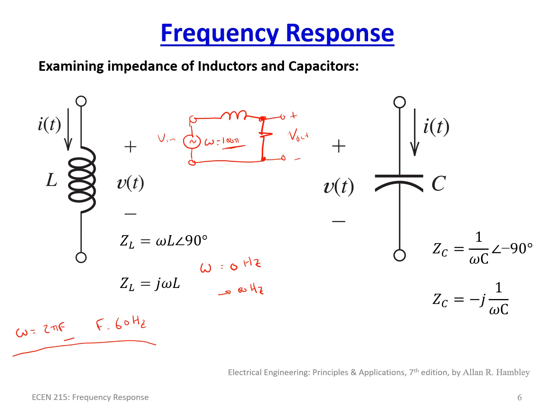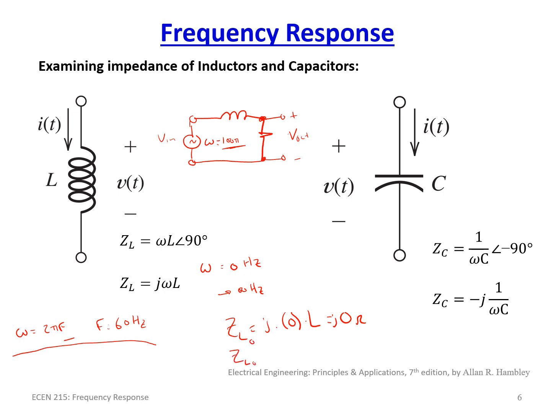Well, we have Z of L equal to j omega L, which at omega equals 0 is 0 times L. So let's pretend that we have 1 henry, just to make the math easier here. Obviously, this is equal to 0 ohms, j0 ohms. So that's ZL at omega equals 0.